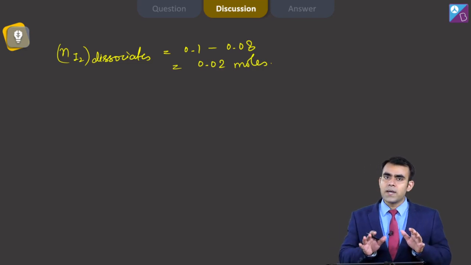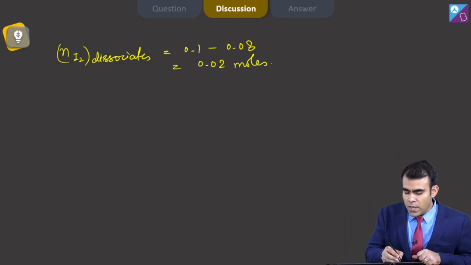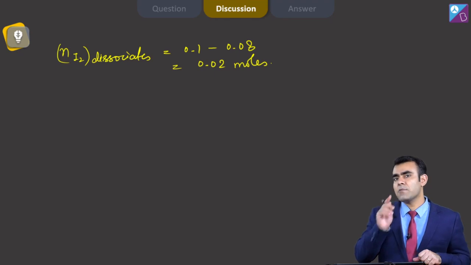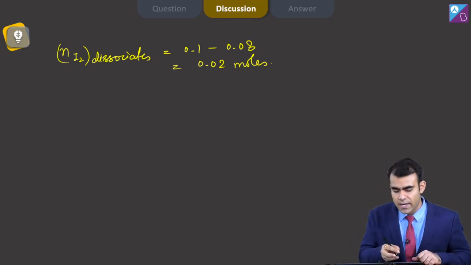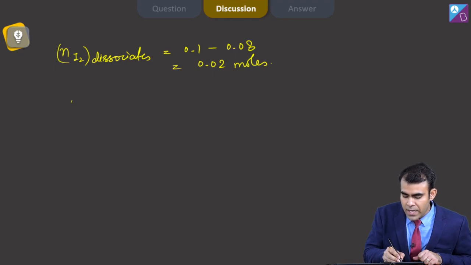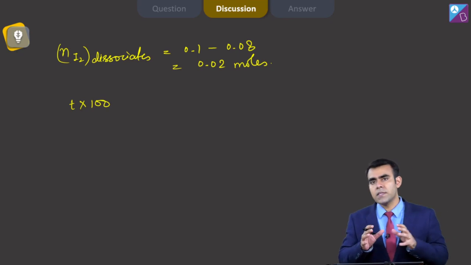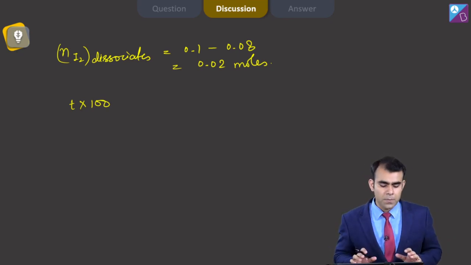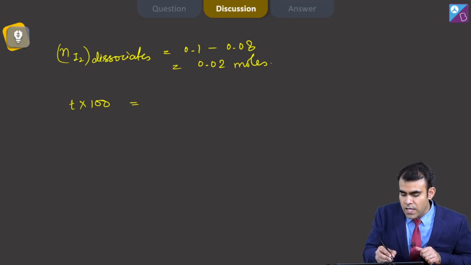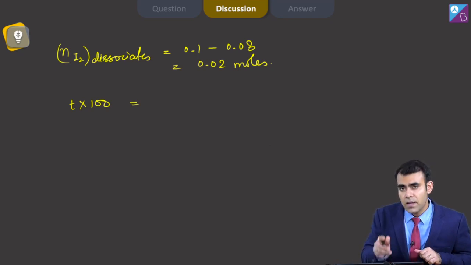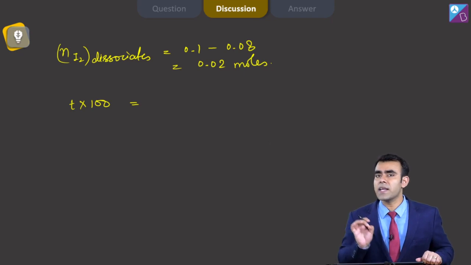Now the last part is to calculate the time. Here we know that the power is 100 watt, that is 100 joule in 1 second. So if I say that the time taken is T and power is 100, then the total energy given out by the bulb is 100 into T, which is nothing but nhc by lambda.